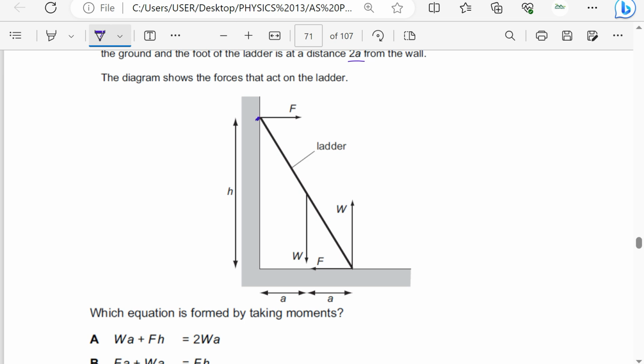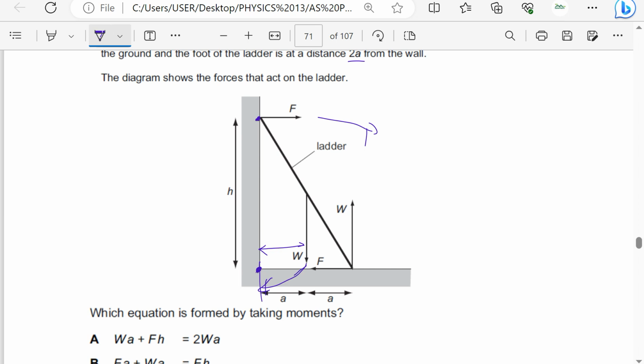Taking moments about that point, this is going to be clockwise. Perpendicular distance will be this distance here, which is a. And F will also be clockwise. No, I can't take moments about that. Let me take moments about this point here.